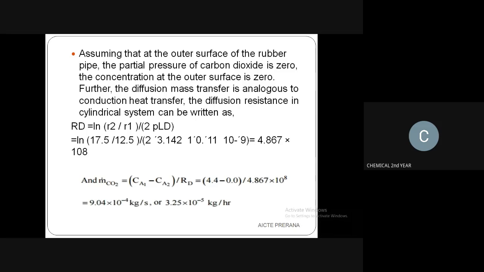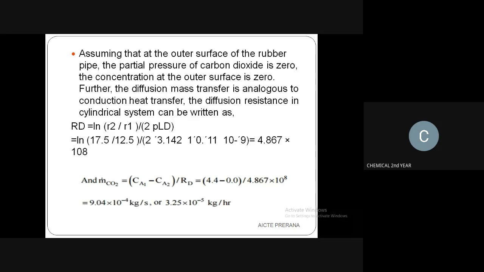There are many problems related to mass transfer. Many problems will be given under diffusivity, diffusion, mass transfer, momentum and heat transfer. If I get any chance in the next class, I will discuss heat transfer problems.